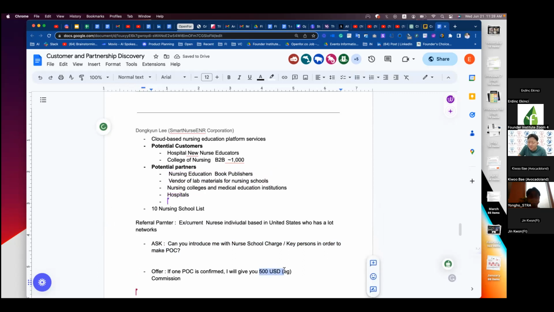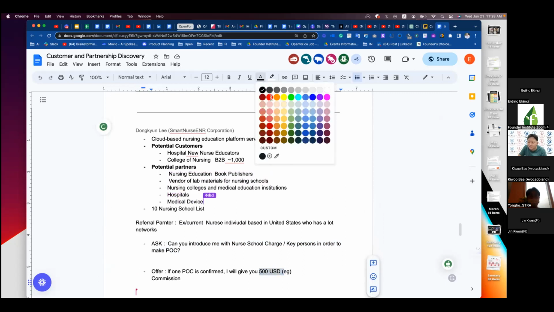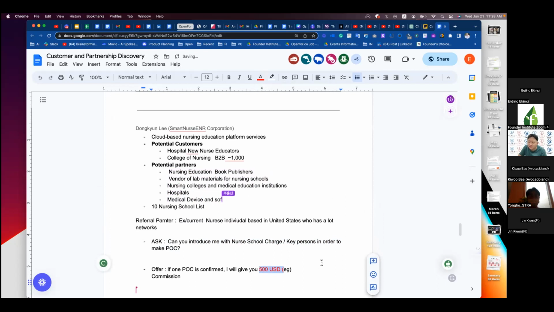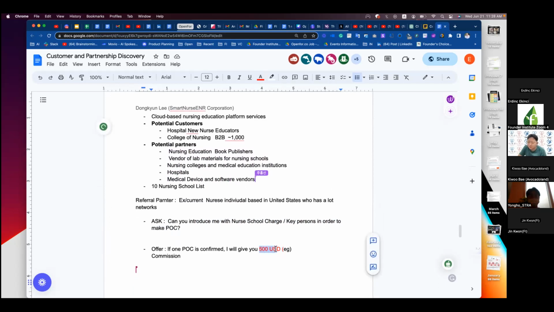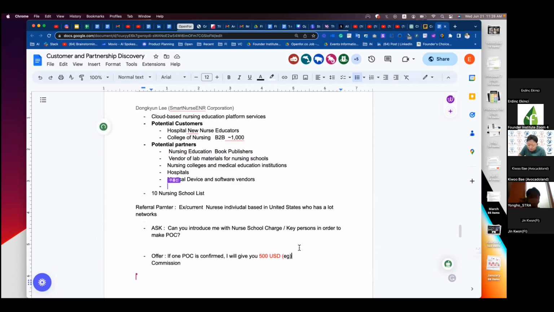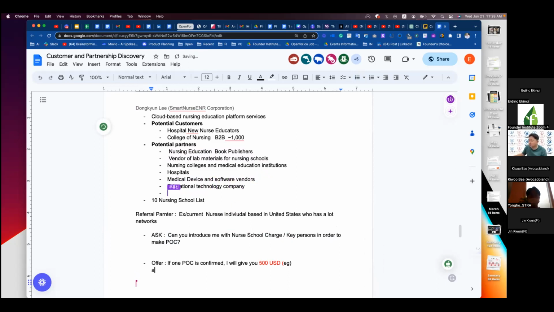It can be 1,000. It can be 100. B2B is generally expensive, by the way.